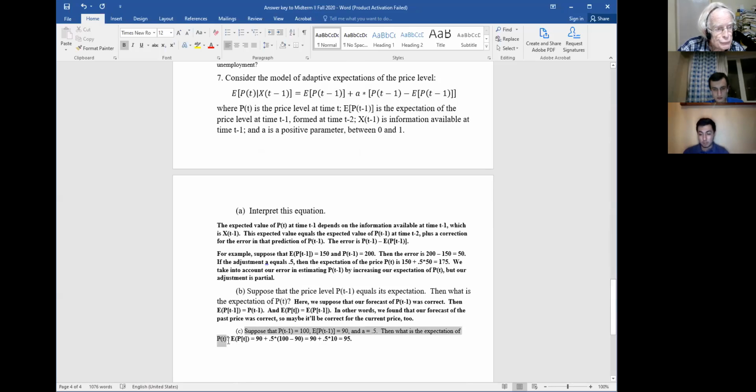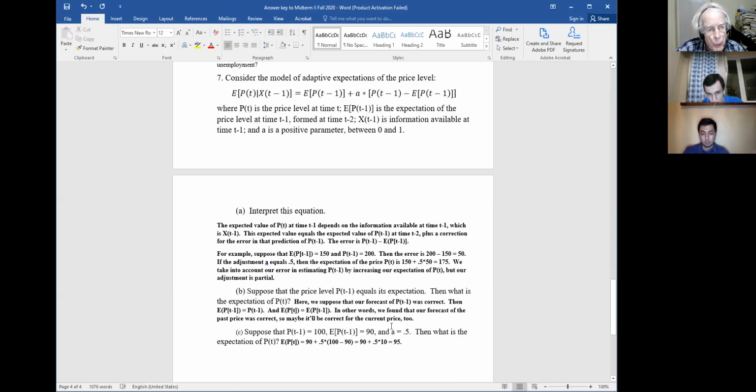And finally, one more exercise for you. Suppose that the price level, the actual price last year is 100, when we had expected it to be 90. So we underestimate the price.